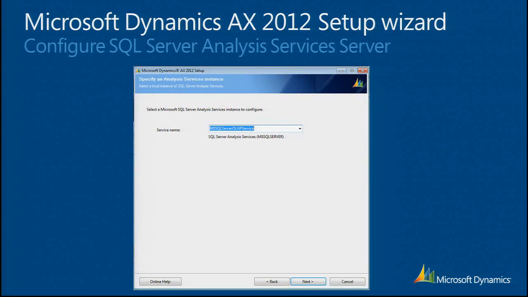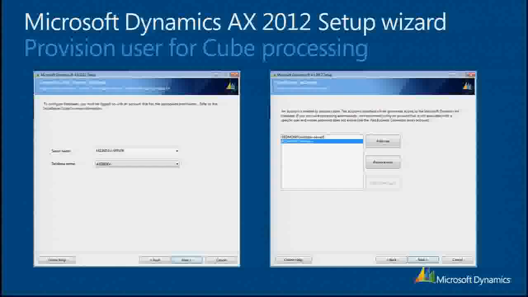But basically what I want you to realize is that you can actually configure more than one analysis server for AX analysis extensions. When you run the wizard, we would detect the analysis services instance and configure it. Next, we will ask you where the AX production database is, and we would also capture the users who will be processing cubes.